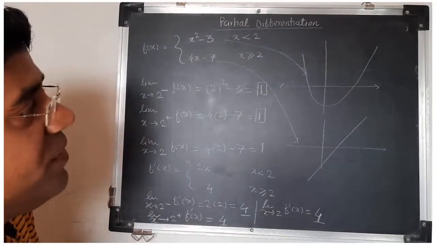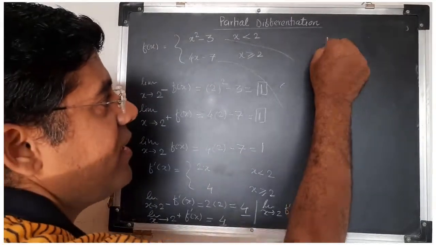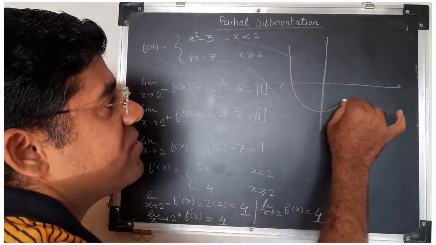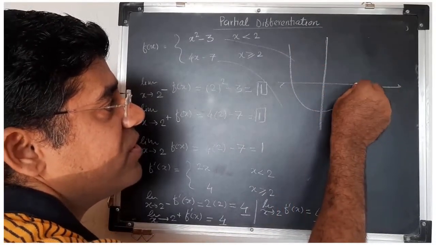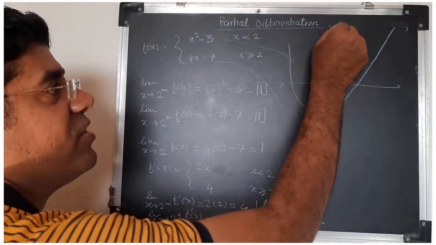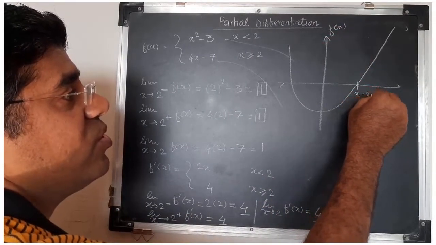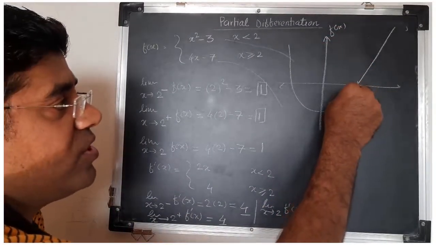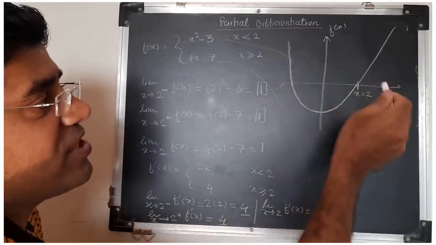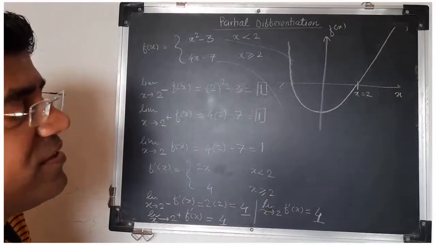When we combine both, this is x equal to 2. So please remember, this is your function, both cases we have drawn. Below this, x less than 2, you will get such a curve. This is your x, this is your f of x.